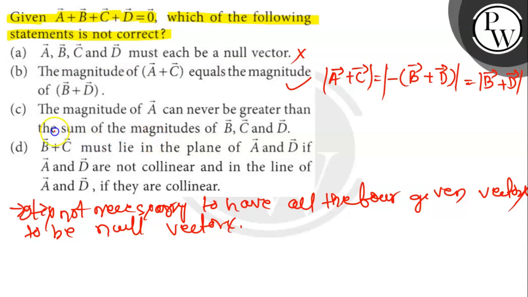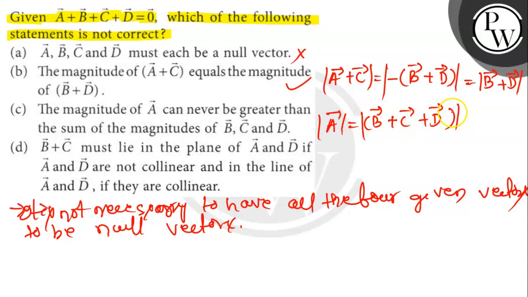Okay, statement C says the magnitude of a vector can never be greater than the sum of the magnitudes of b vector, c vector and d vector. According to this, a plus b plus c plus d is equal to 0, so a vector is equal to minus of b vector plus c vector plus d vector. Taking modulus on both sides, we get mod of a is equal to mod of b plus c plus d vector.